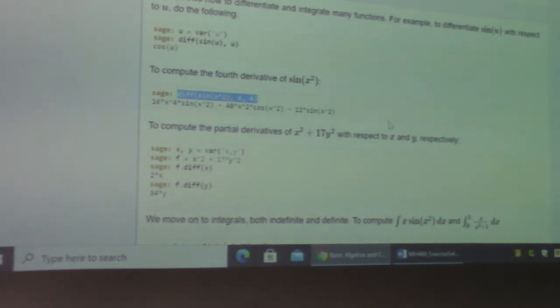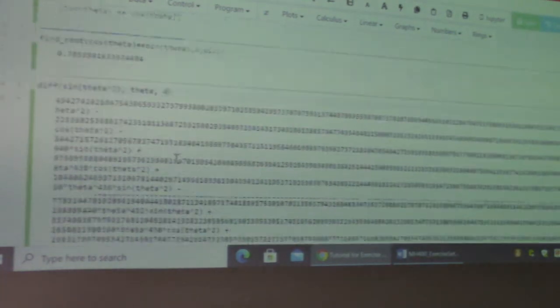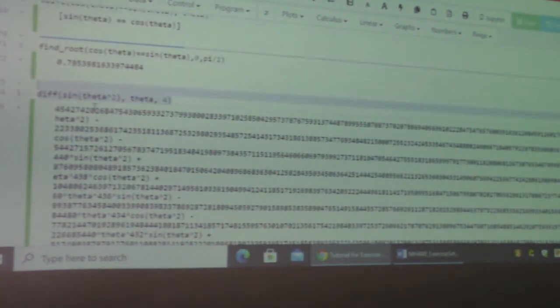Ooh, partial derivatives. So, something else from Calculus 3? Oh, look at that. Is that how to define the function f there? I wonder what syntactically the difference is.